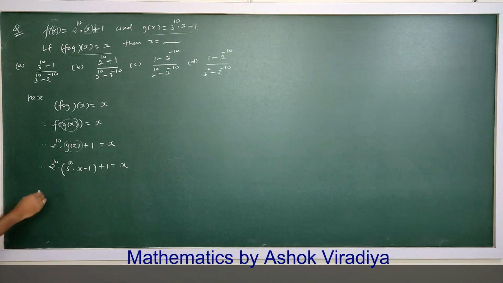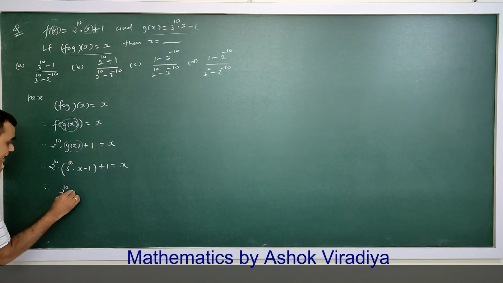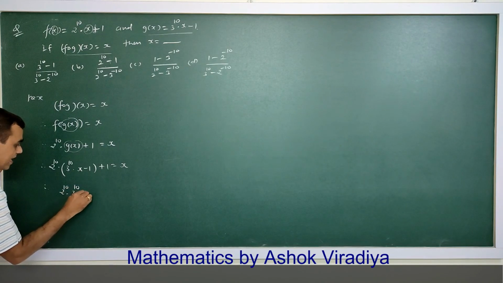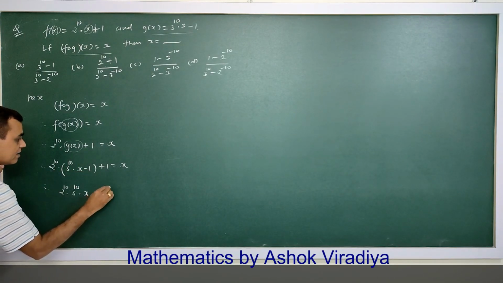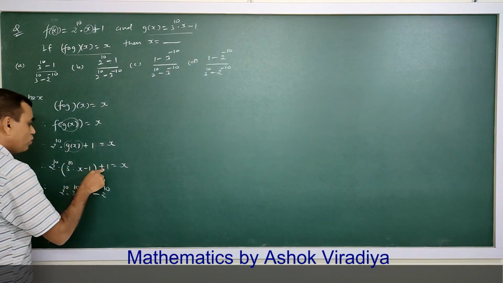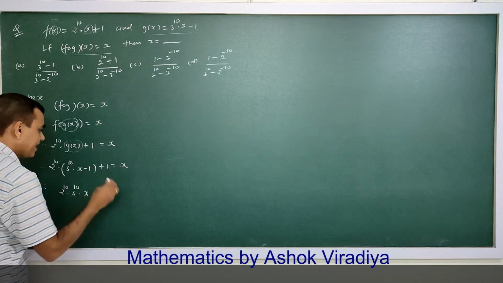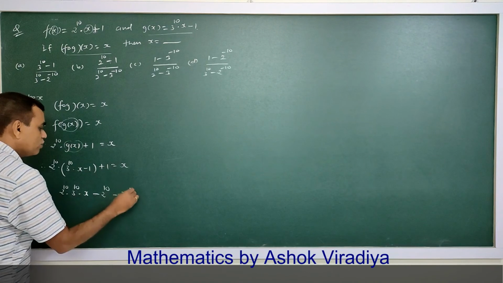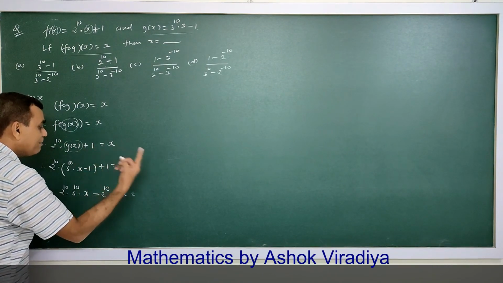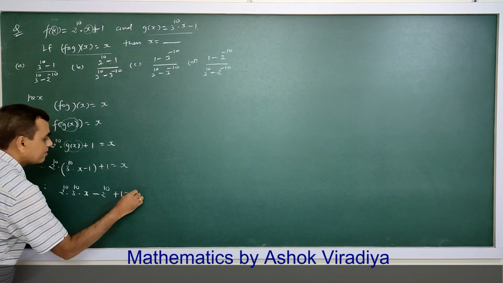Now simplifying this, 2 raised to 10 into 3 raised to 10 into x minus 2 raised to 10, plus 1 equal to x. I am taking x to this side, so minus x equal to this, and the plus 1 I am taking to that side, which we will do in the next step.